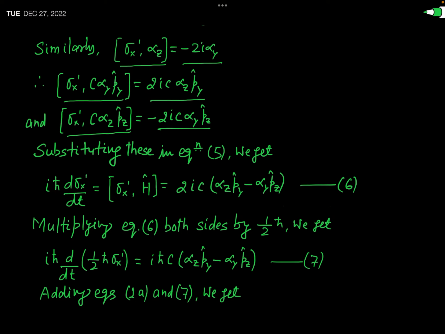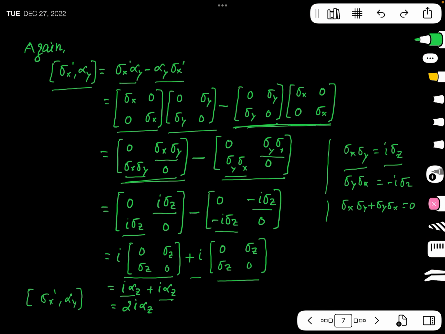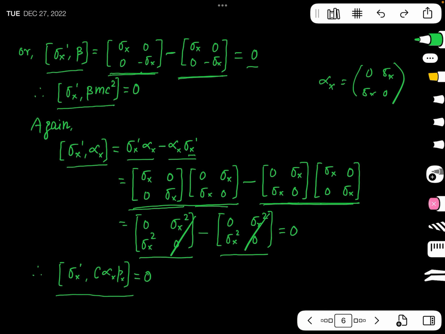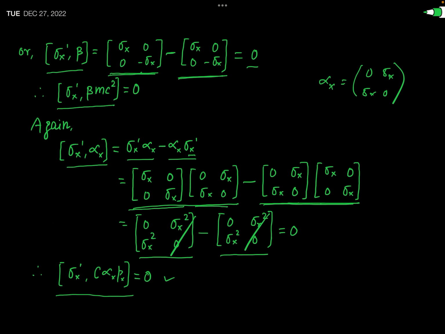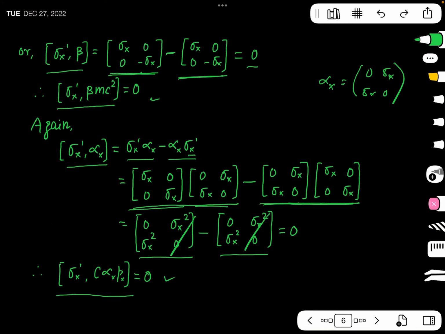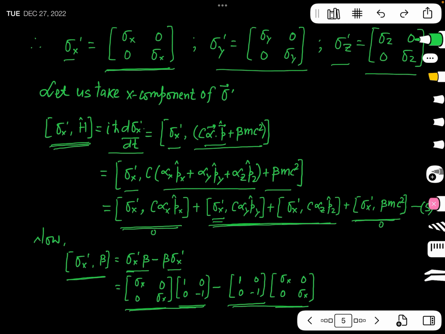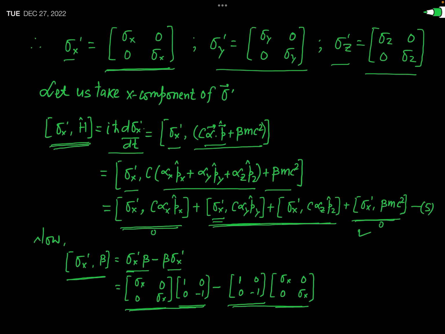Now we will substitute the values of all these four commutators in this equation number 5.